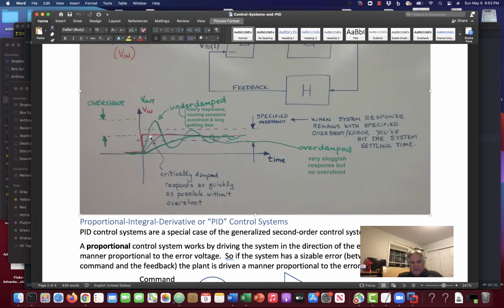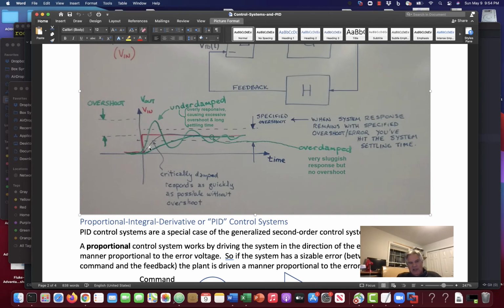This red V in, if you come along starting at 0 voltage, typically 1 volt would be the unit step. You come in here and you immediately at time 0 go to a certain value and say, how does the system respond to that?